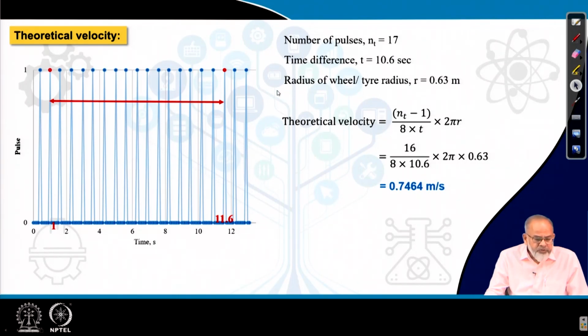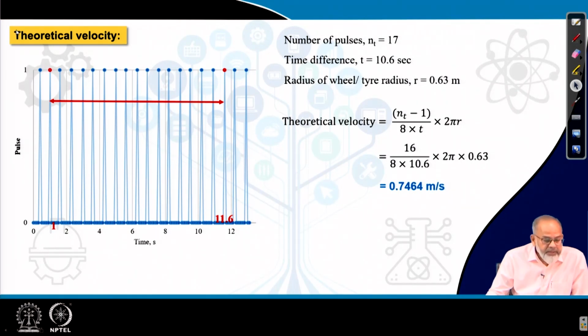So, the output will be like this. There will be spikes at regular intervals, and what we are measuring is the number of spikes and the time duration. Once you know these, you can find out the theoretical velocity.